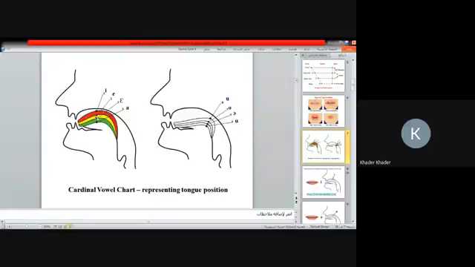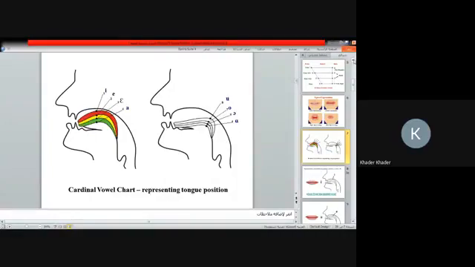Then number 4 and number 8 are also extremes. Number 4 is open and low, as opposed to the close, front number 1, while number 8 is high and back, with full rounding.